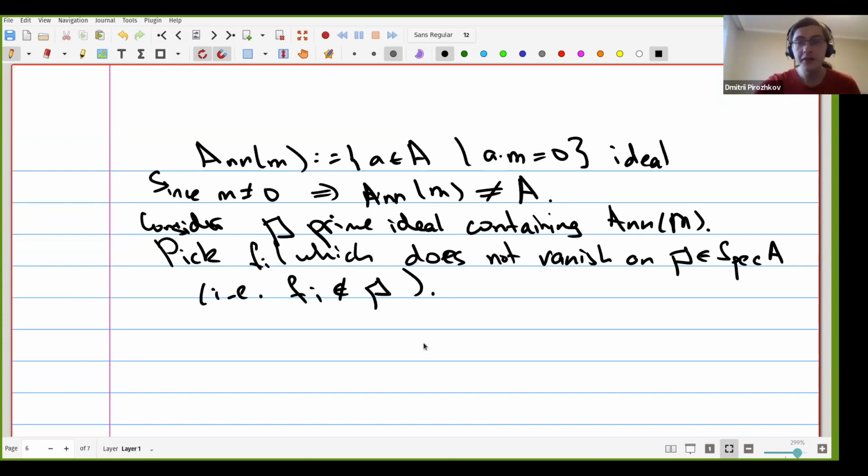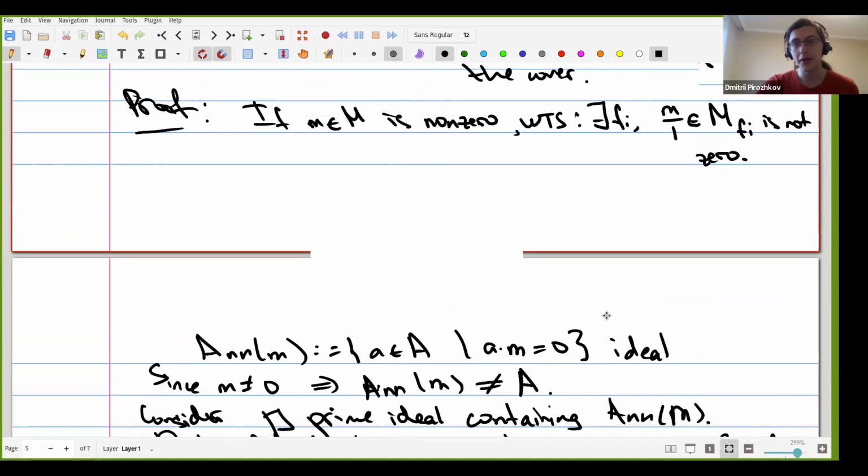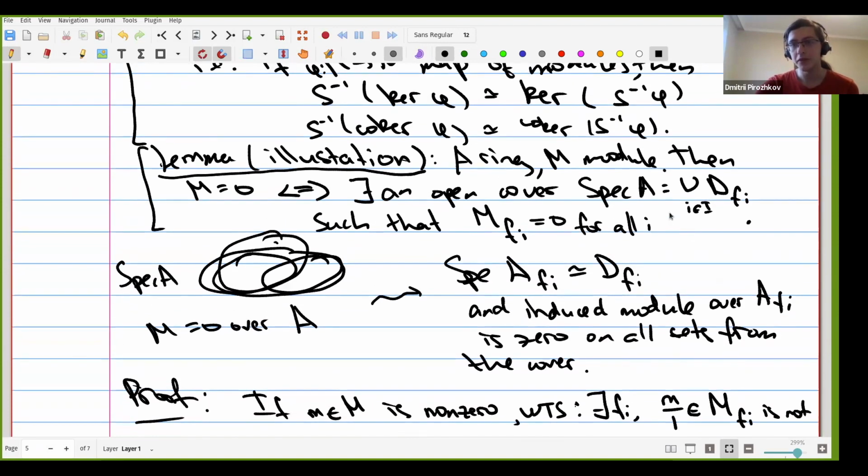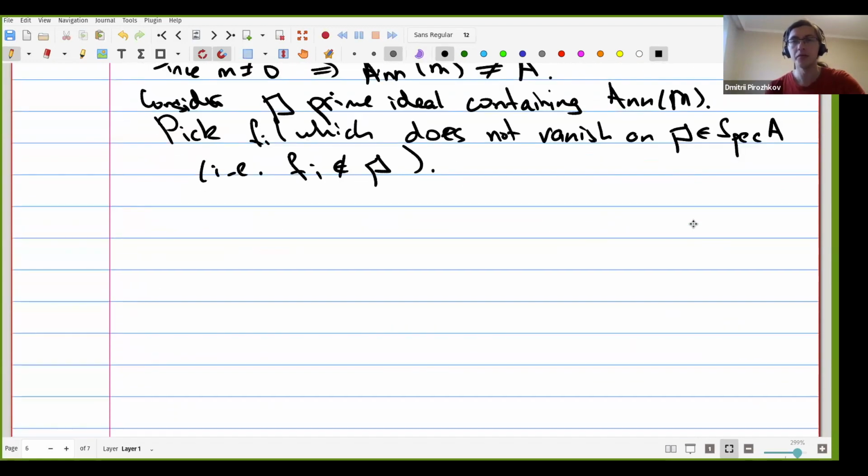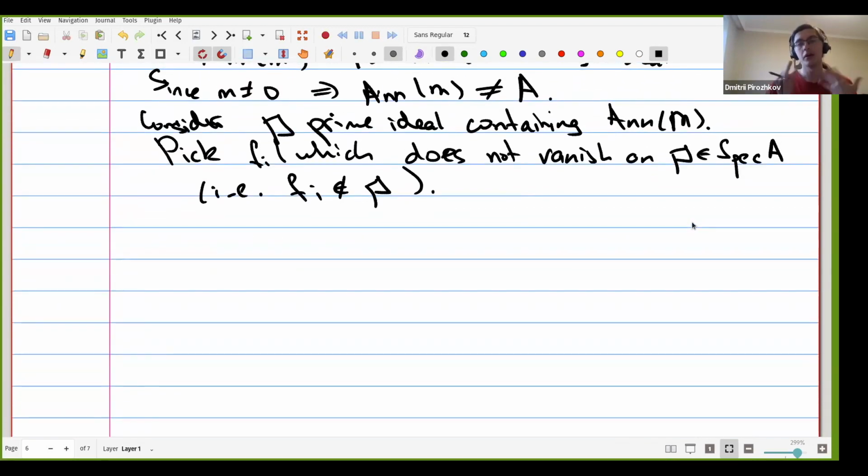This exists because we have assumed that the set of distinguished open subsets D(Fi) is actually a cover of the spectrum. So in particular, there is at least one element Fi whose distinguished open subset contains the point P. And if you uncover the definition, you will see that this means exactly that Fi does not belong to the prime ideal.